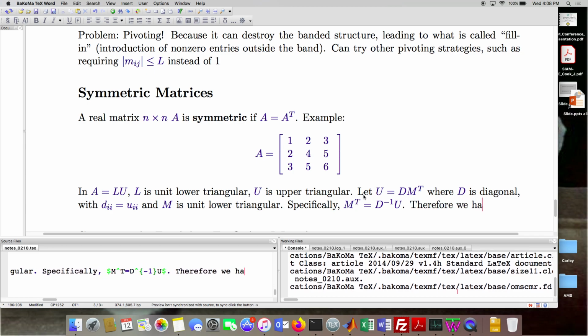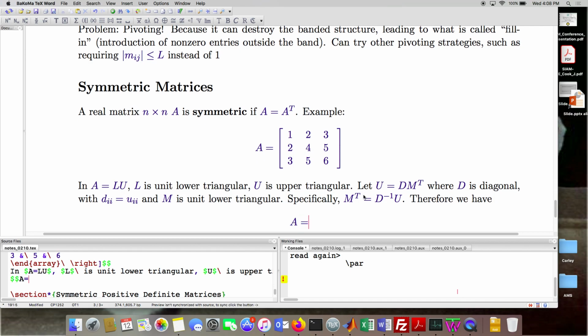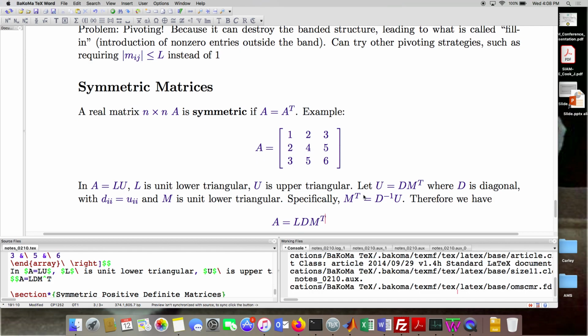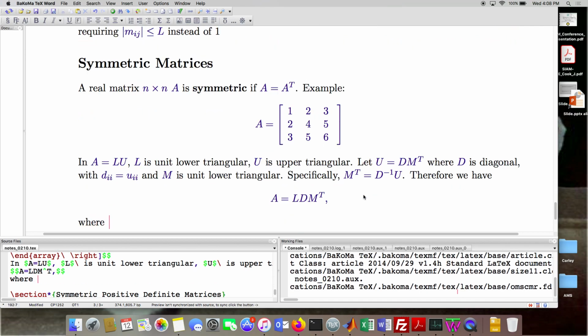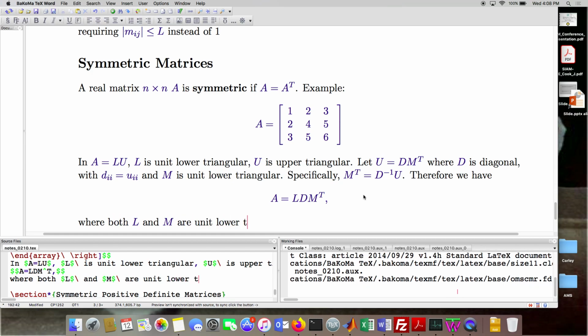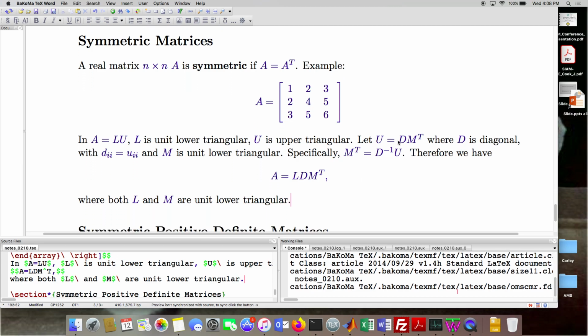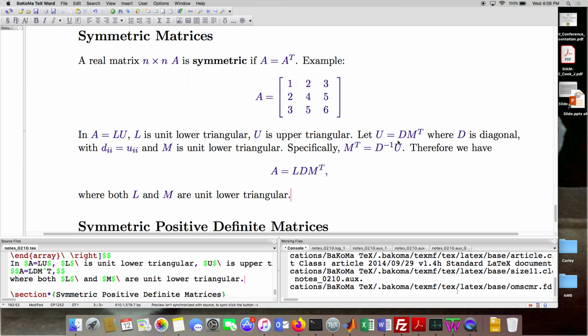So now we have this decomposition: A is equal to L D M transpose, where both L and M are unit lower triangular. This is another way of looking at LU. For a general system Ax = b, this decomposition is totally useless. You might as well just stick with LU. But that changes if A is symmetric.